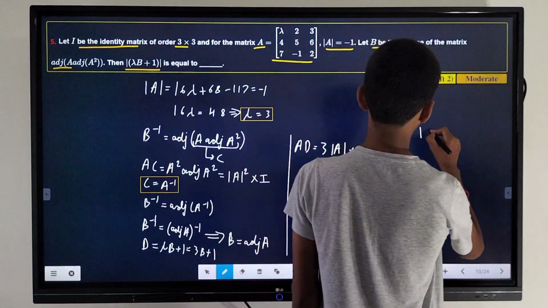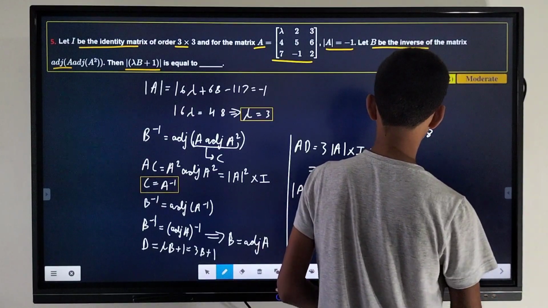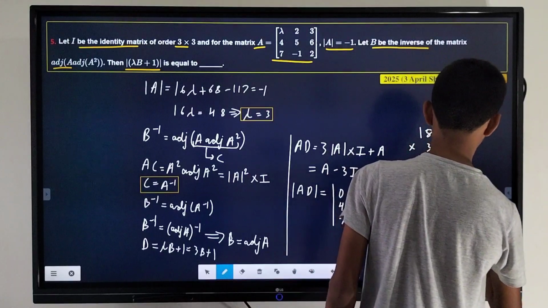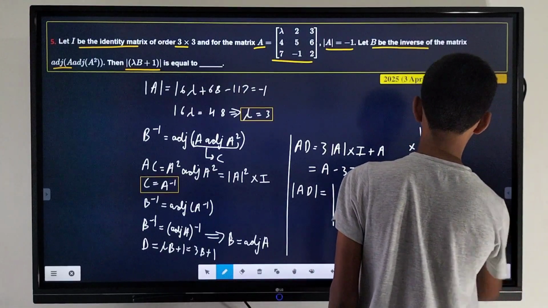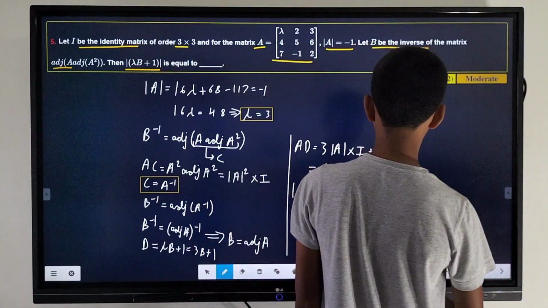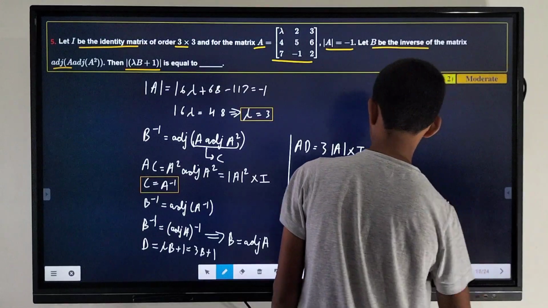18 into minus 3. So this will be 54 minus 54. And this is equal to 38.